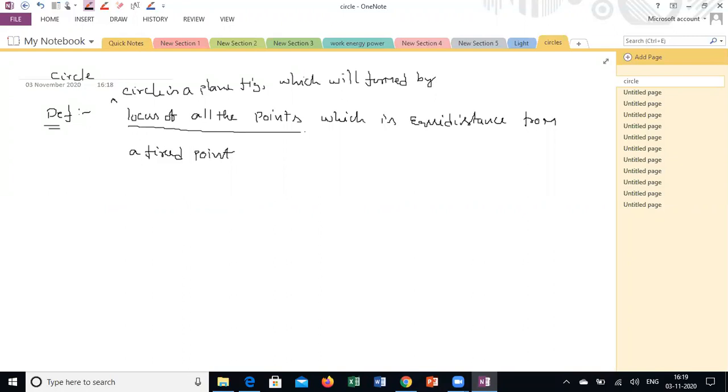The locus means nothing but, if you are confused by the word locus, I can write this statement.